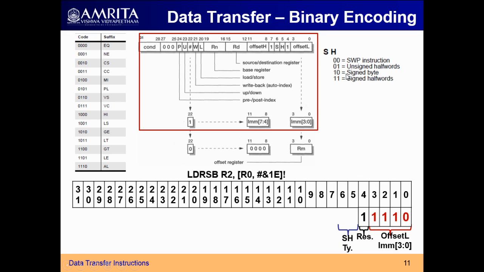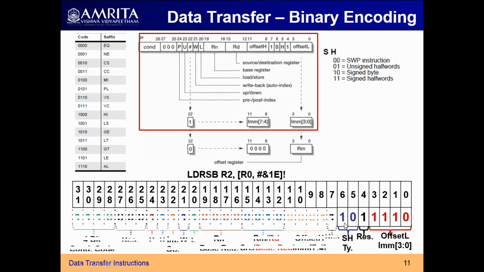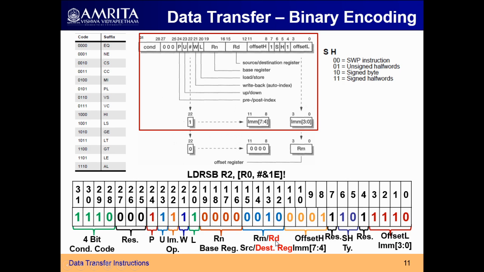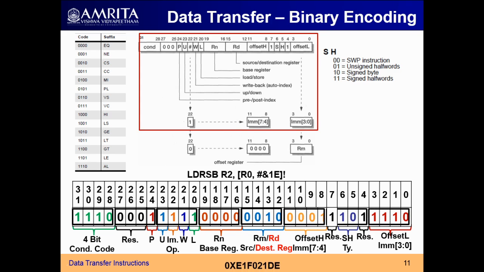Since you are using signed byte, bits 5 and 6 should be 10. All the other bits will be the same as what you have seen in the previous example. Only the difference is there in SB. So when we take the hexadecimal value, it will be E1 F0 21DE.